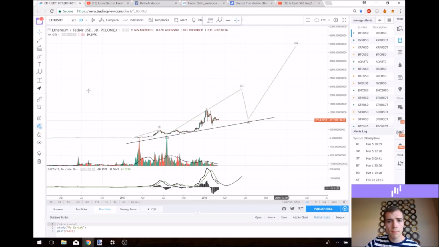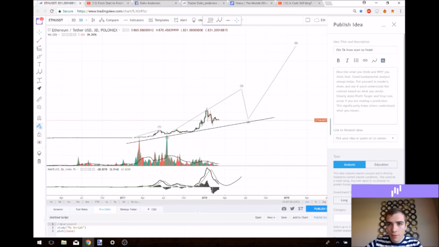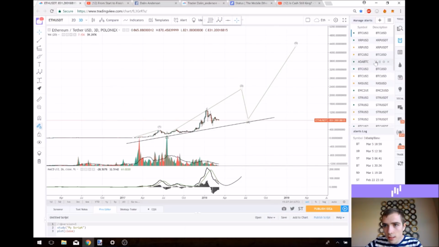So let me go ahead and publish this chart for you guys. I'm just going to make it private, and then we'll leave this in the description as well. So Ethereum TA from start to finish. Okay, we'll write in our targets. Our fifth wave target is 43, and our three wave target is 23.